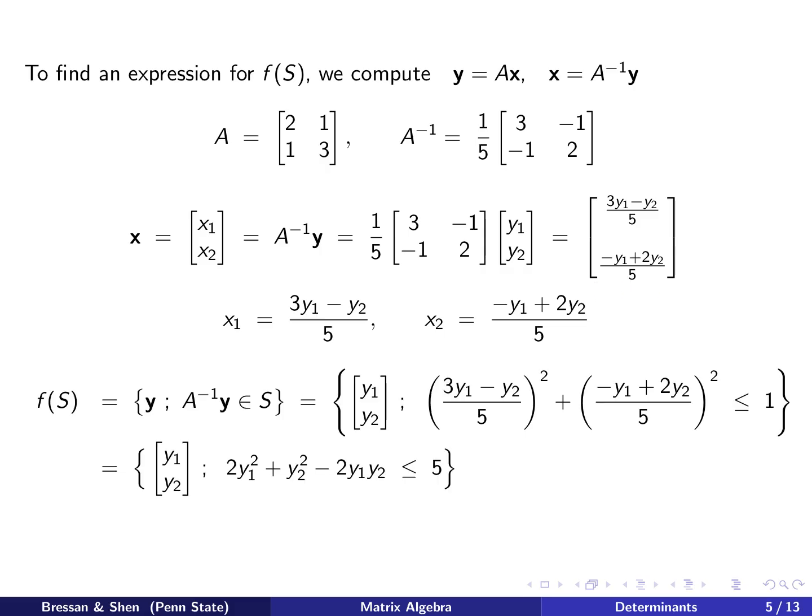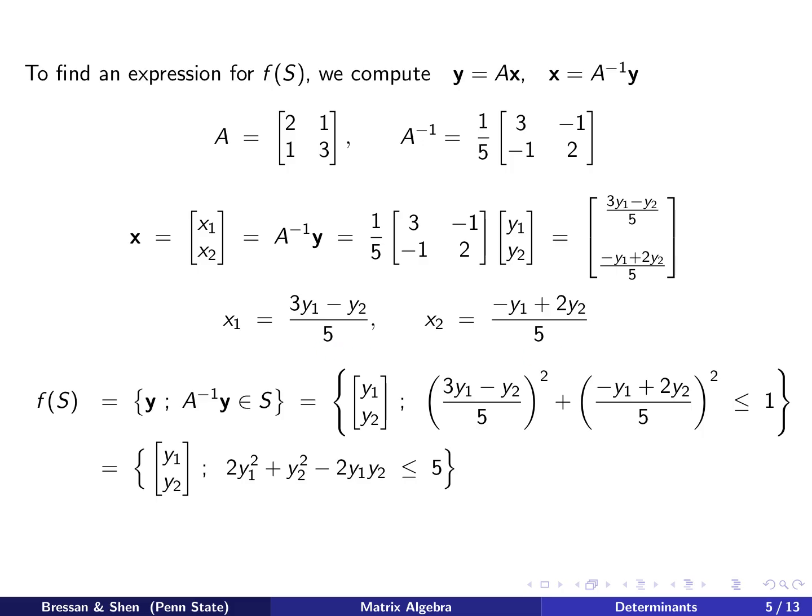So now we are ready to write out an expression for the image of S. That will be all the points y such that A inverse times y, meaning the x, where this came from, the x will lie in S. And then we just computed here that x1 and x2 can be expressed in terms of y1, y2.